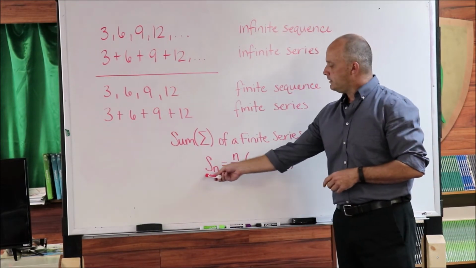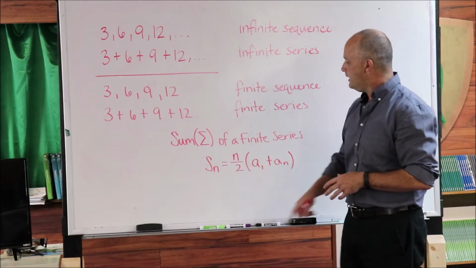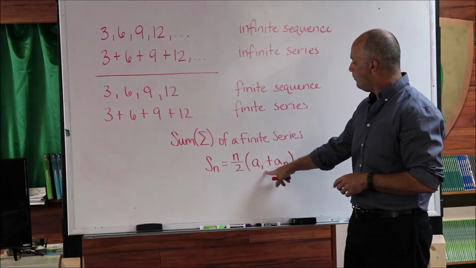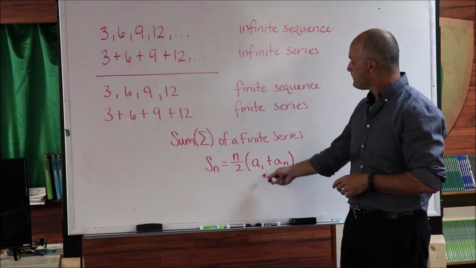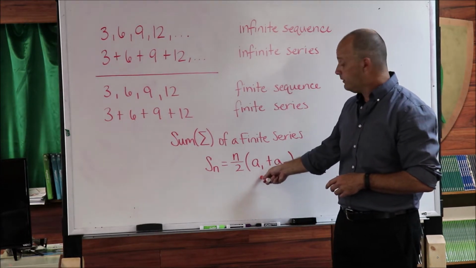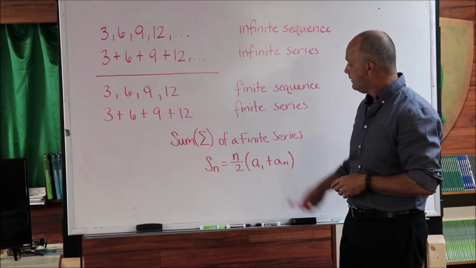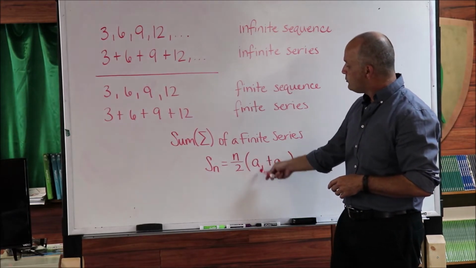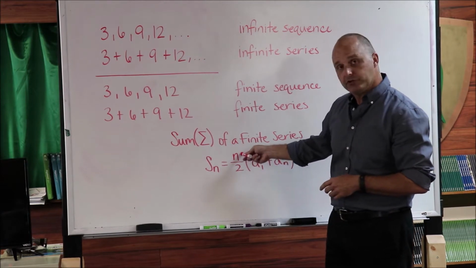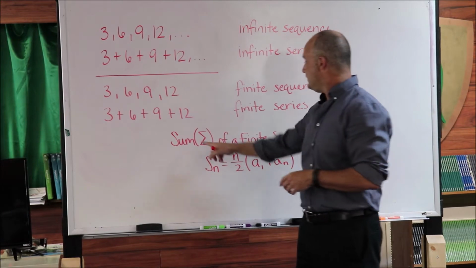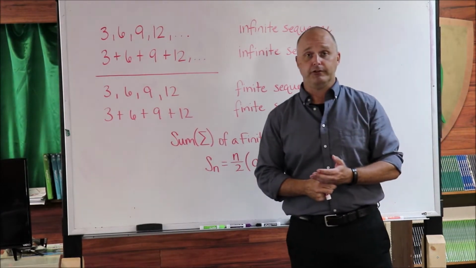So our formula is S sub n equals n over 2 times a sub 1 plus a sub n. So we're going to take the first term in the series, add it to the last term in the series, and then we're going to multiply that by the number of terms in the series divided by 2. And that is going to give us the sum of our finite series.